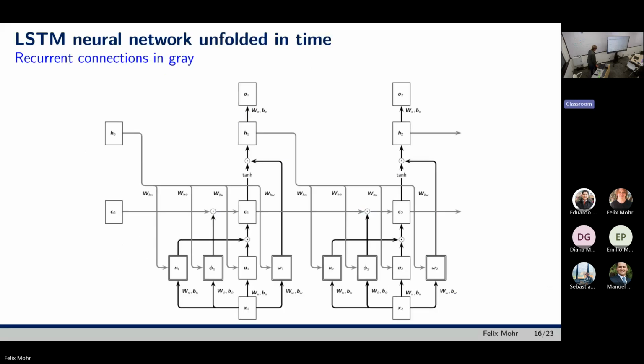And this can then also be unfolded. Of course, we have this in every time step. In the first time step, we have two hidden states, H and C, and both can be initialized with zeros. Then we do this whole process and get to H1 and C1, and then H2 and C2.